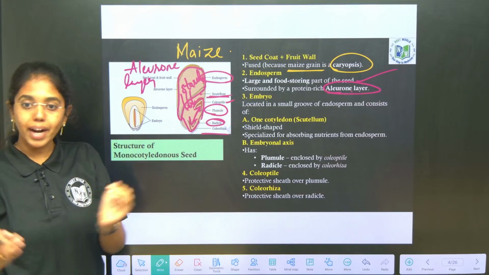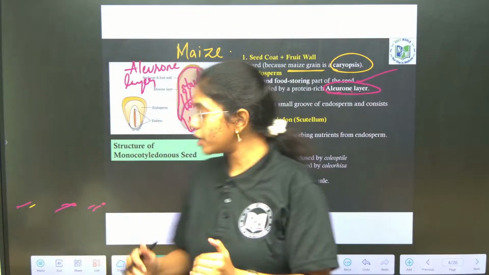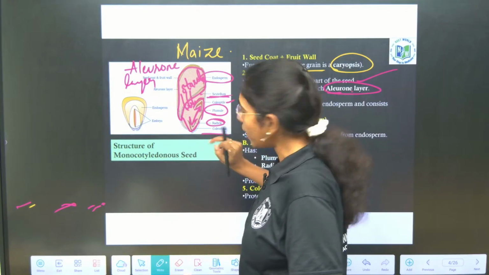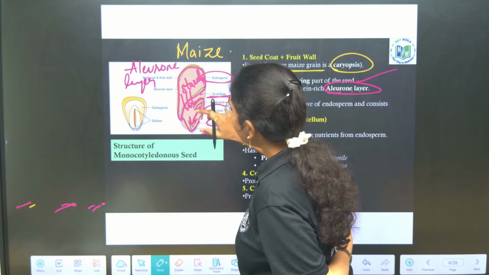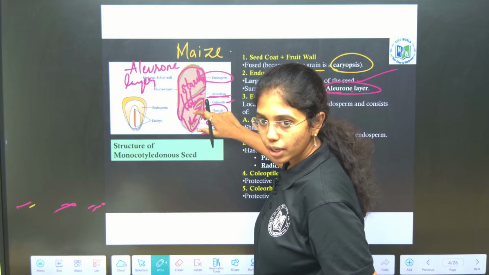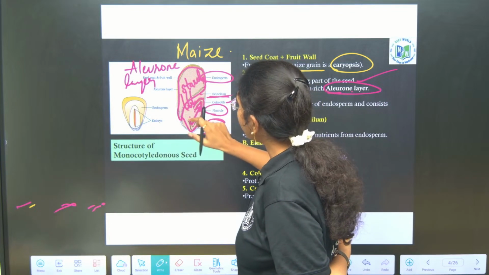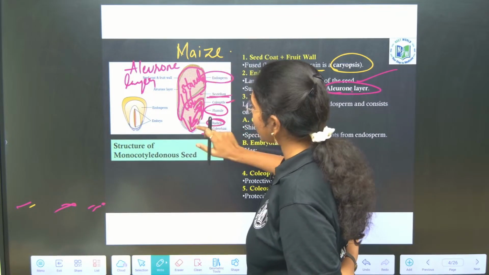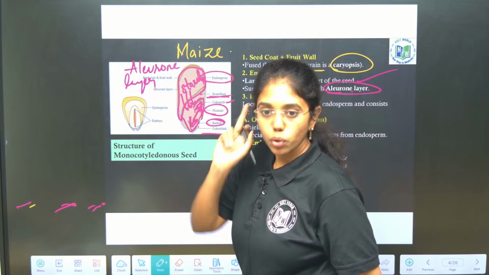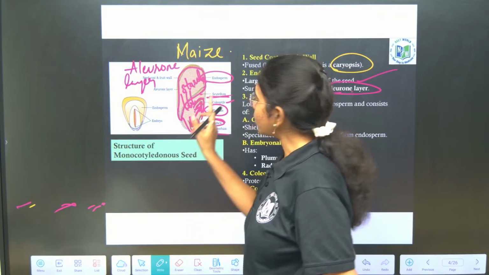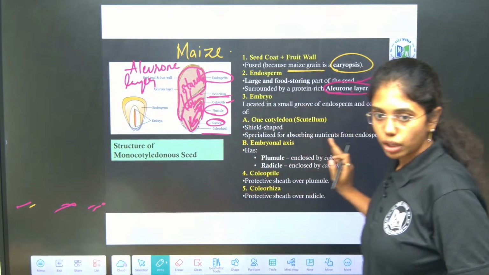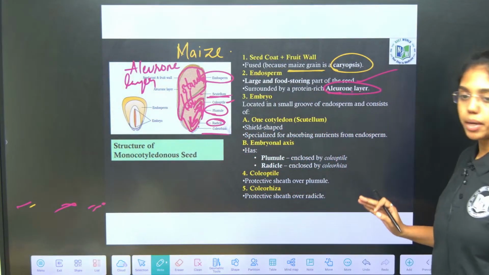It is not providing nourishment directly; it is the papery scutellum which provides nutrition from the starchy endosperm to the embryonal axis, which gives proper development for plumule growth and radicle growth. Coleoptile and coleorhiza you will observe only in monocot seeds. Those are the covering sheets over the plumule and radicle. Clear with the monocot seed structural description? Any doubt?